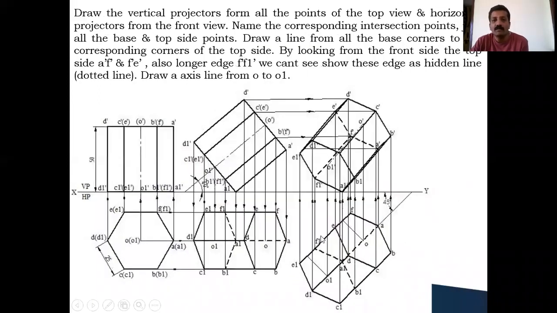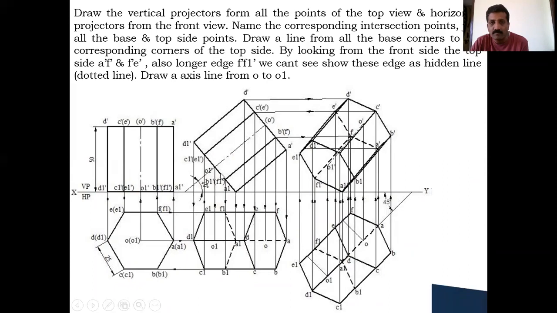You keep on drawing the vertical projectors from all the points of your top view, one by one, and draw the horizontal projectors from the previous front view. After drawing it, you coincide the points. So A1 is here, A1 dash is here, this is A1.